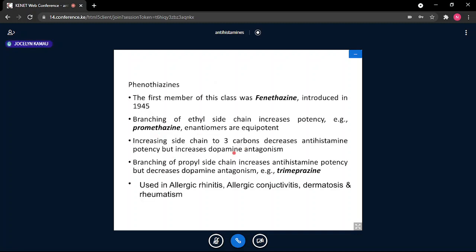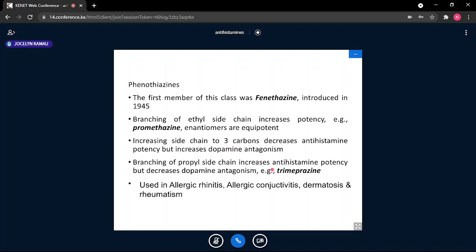So that's why I wanted to show you those, so that in case we mention any SAR, you can appreciate it. Increasing the side chain to 3 carbons decreases antihistamine potency, but increases dopamine antagonism. So although you can have the 3 carbons like in trimeprazine, that molecule will have slightly lower antihistamine activity.